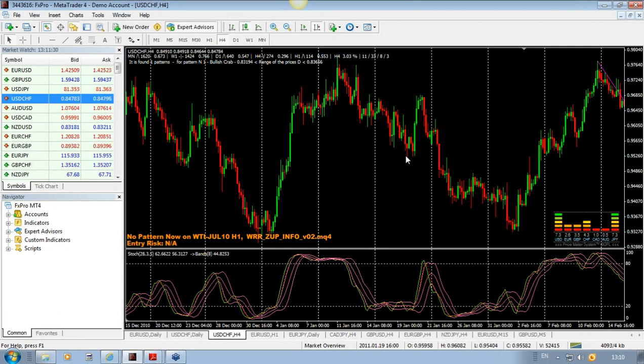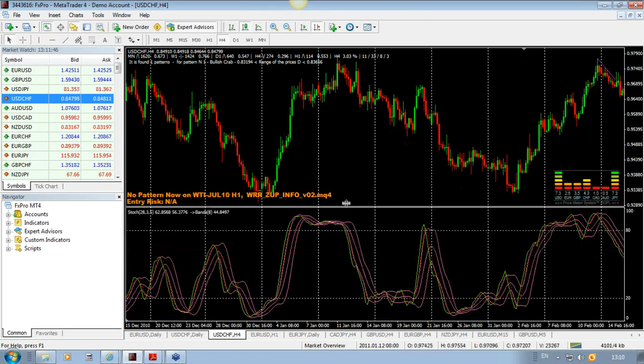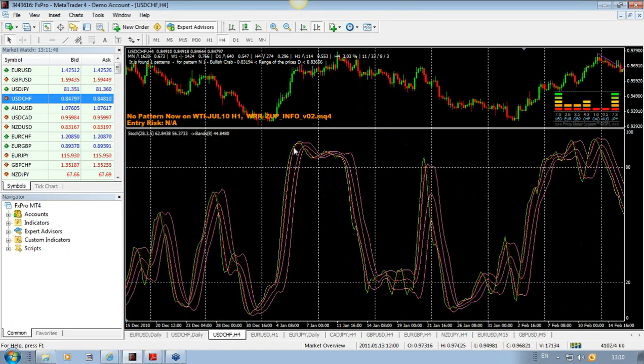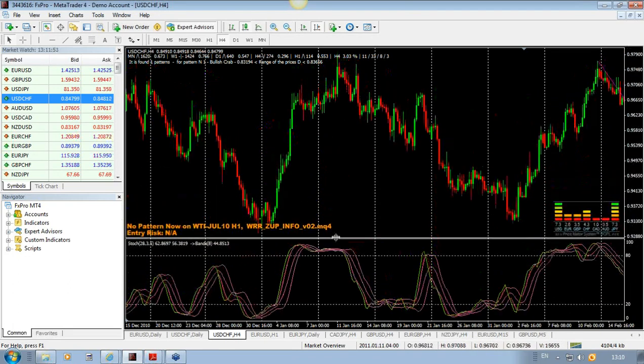Only the 4-hour chart, all pairs. Once again, just to repeat, the 3 or 4 slope changes should all happen above the 80 or below the 20. Okay, that's all.